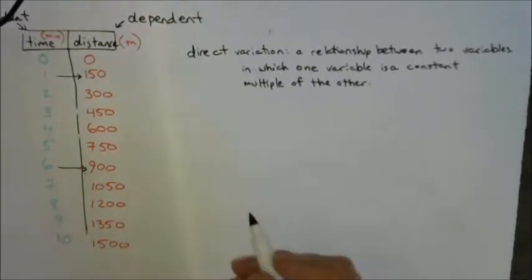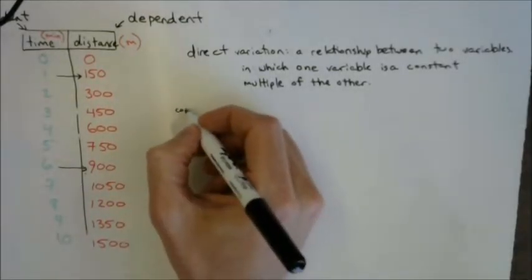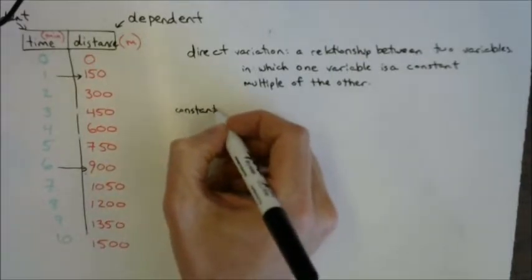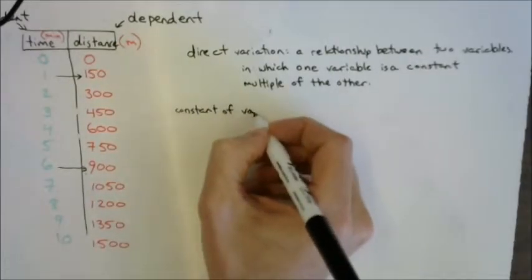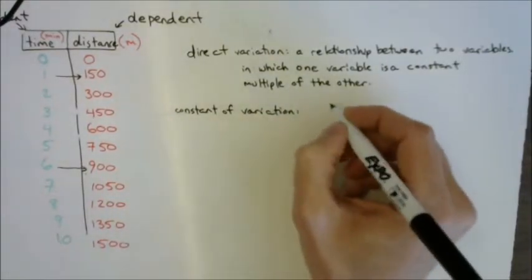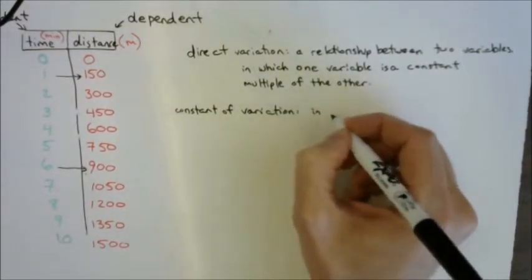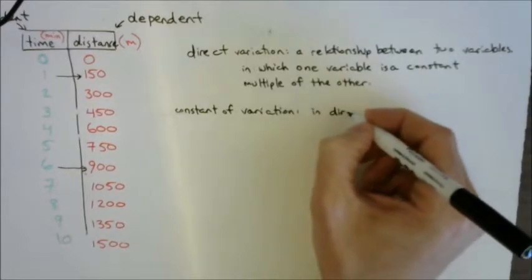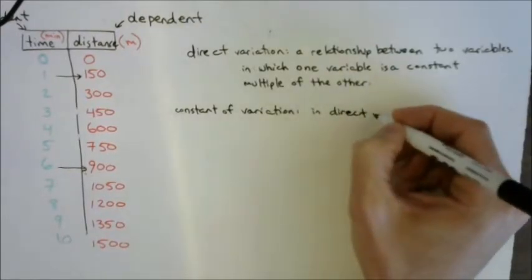That's called our constant of variation. This is only included in direct variation, which is what we're talking about this lesson.